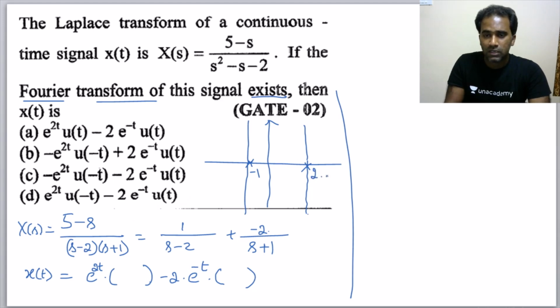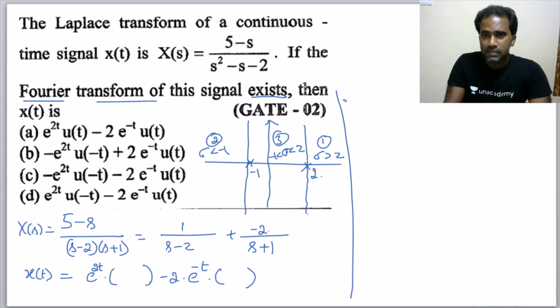Zeros will not be involved in deciding the ROC. So we don't need to plot zeros when understanding ROCs. If you want, you can plot also, but zeros will not change or affect the ROCs. So there are three ROCs possible. One is sigma greater than 2, and second ROC is sigma less than minus 1. Third ROC is the region from minus 1 to 2. There are three ROCs possible.